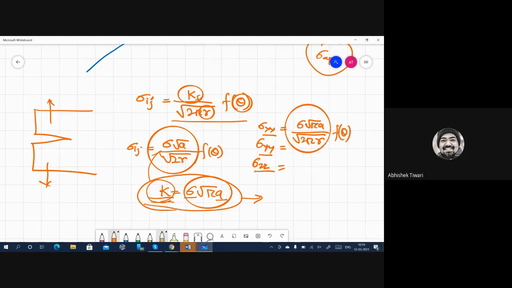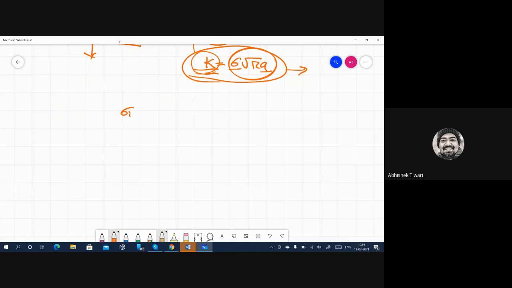So this is the brief introduction about what we studied in fracture mechanics, and you remember this equation. But this equation, sigma ij is equal to K over root 2 pi r times f of theta, is not complete. You have other terms after this, so it is a Taylor series.